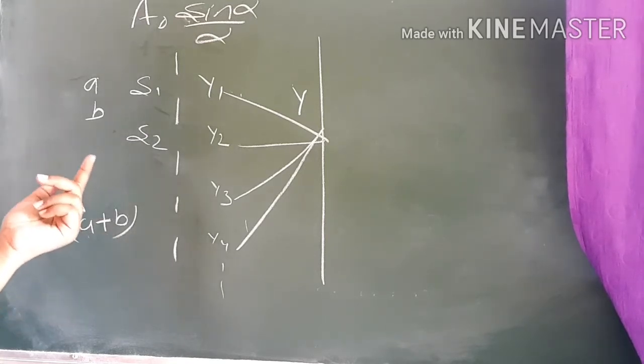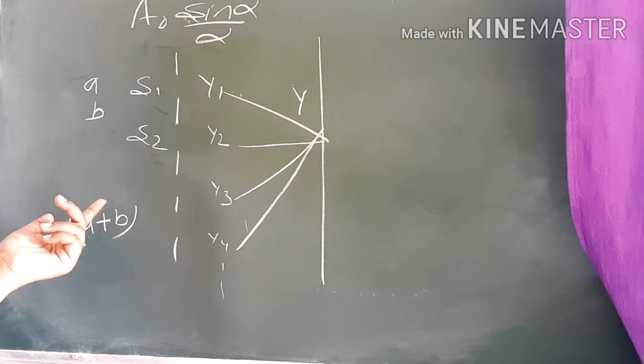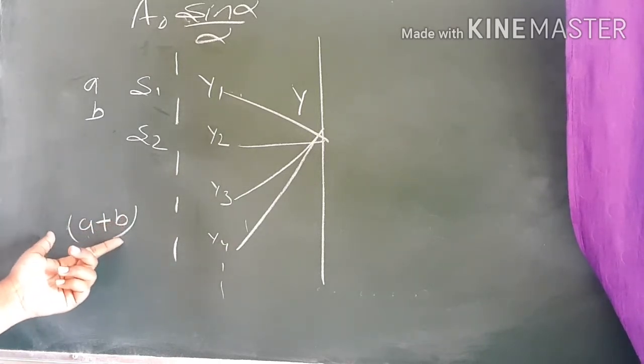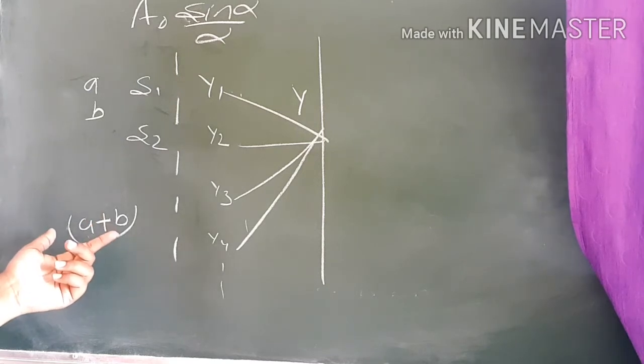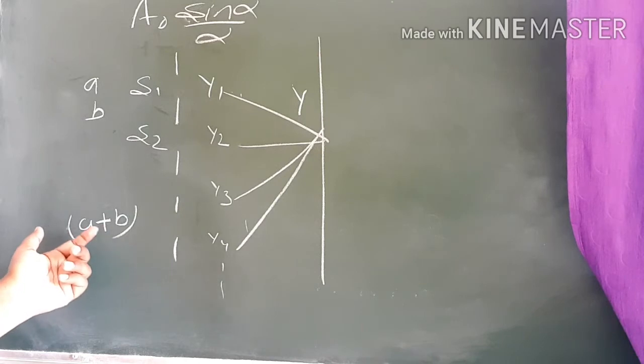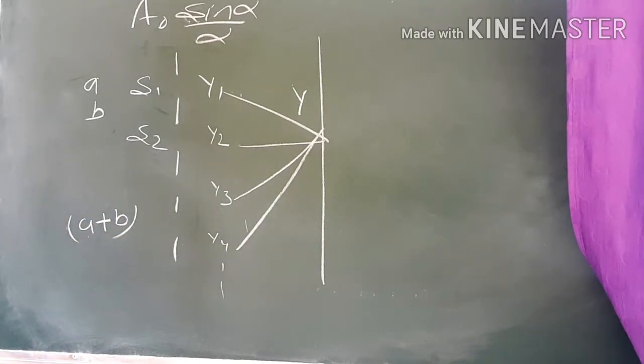As in the case of double slit, the two rays coming from the corresponding points interfere. The fringe is due to interference.